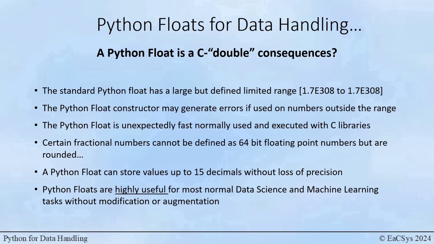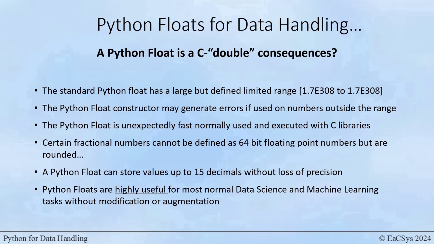The practical implications and consequences of the double C is that the standard Python float has a large but defined range as compared to the Python integer, which has unlimited size. It also means that the Python float is unexpectedly fast because it is often executed with C libraries, and C is a very fast language, but which is very complex to use.